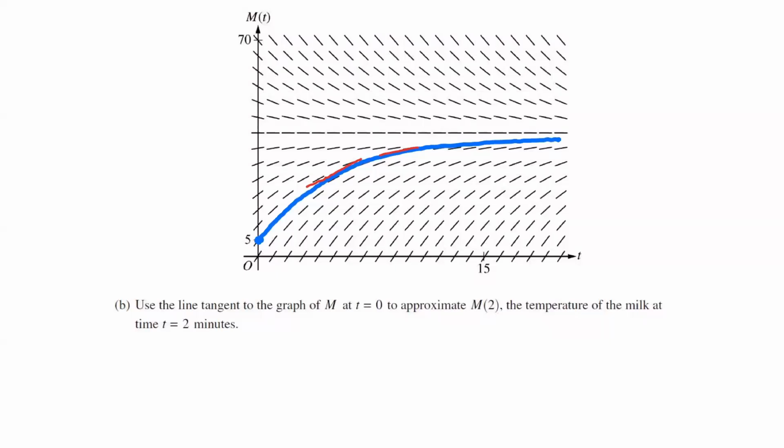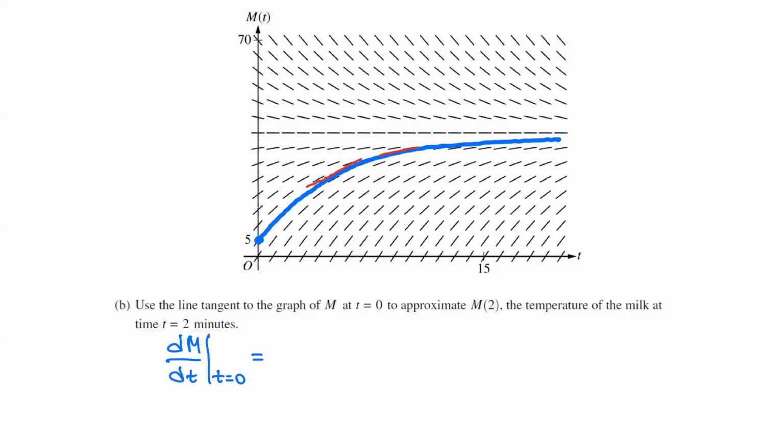For part B, we need to use the line tangent to the graph of m at time t = 0 to approximate m of 2, the temperature of the milk at time t = 2 minutes. How can we do that? We first have to calculate the derivative of m with respect to time at t = 0.